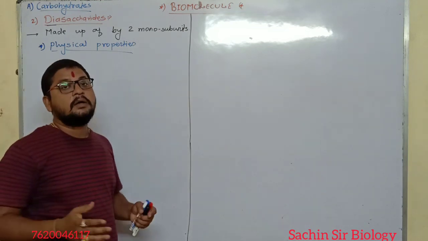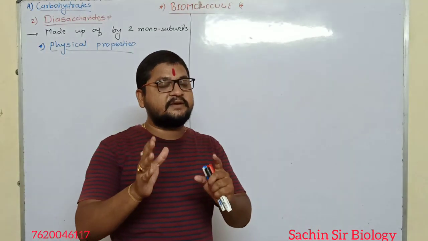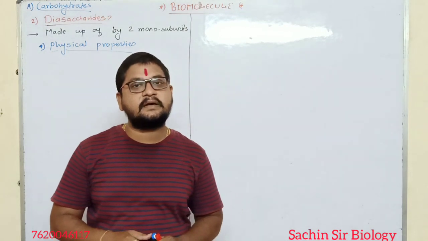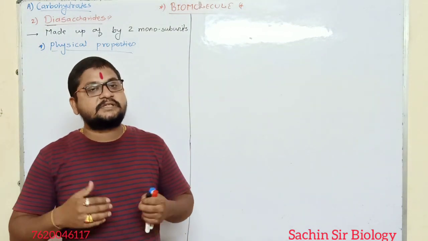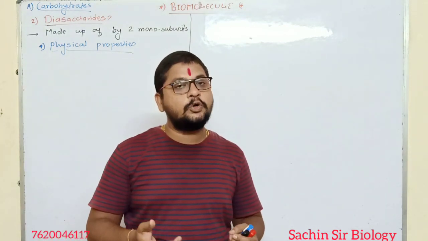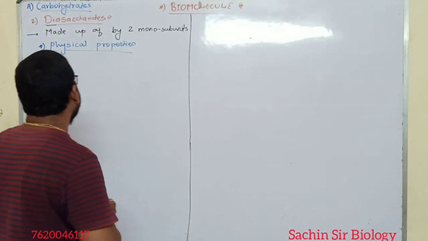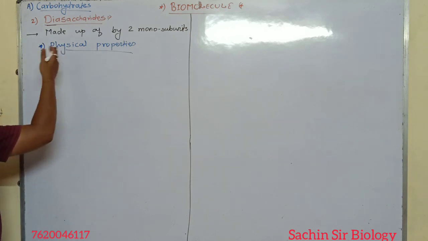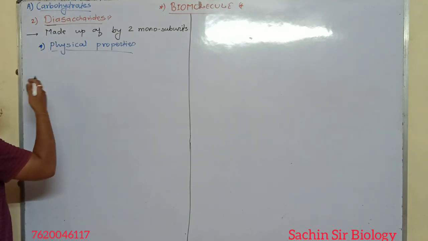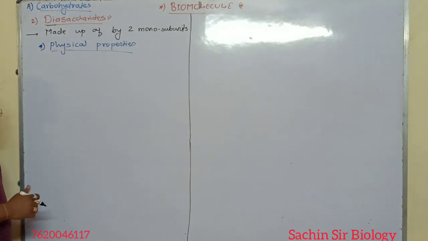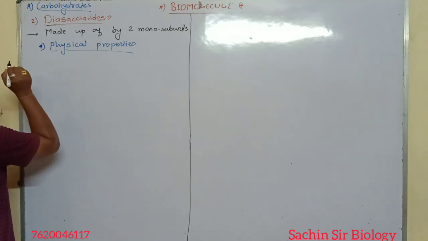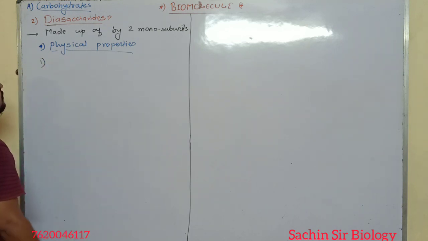Like we saw the basic physical properties of monosaccharides, like crystalline in nature, soluble, and sweet to taste, disaccharides also show the same physical properties. But we write here: what are the physical properties of disaccharide?